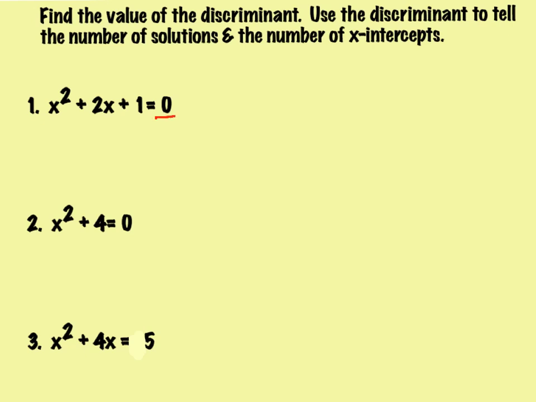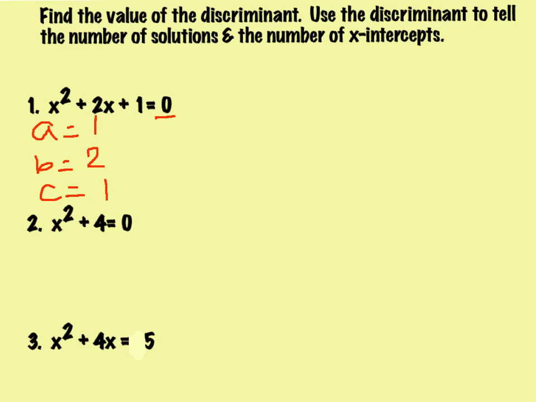That's an absolute must. When you're looking at these equations and identifying a, b, and c, you need to make sure your quadratic equation is in standard form. From here, you can read a, b, and c. So a is 1, b is 2, and c is 1.